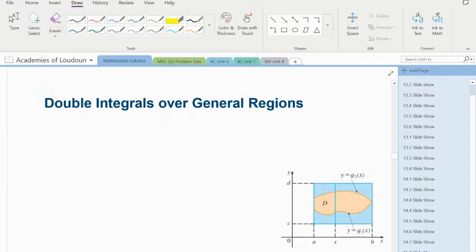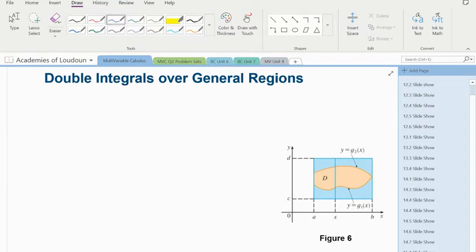In order to evaluate our double integral over region D for type 1 regions, we're going to choose a rectangle R equal to [a,b] cross [c,d] that contains D, as shown in Figure 6, and let capital F be the function as defined previously.